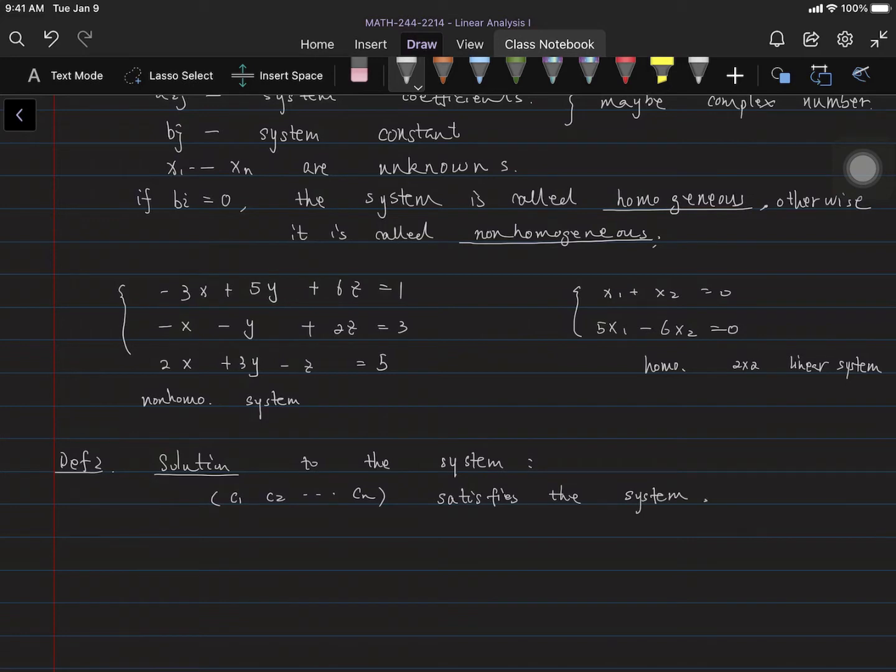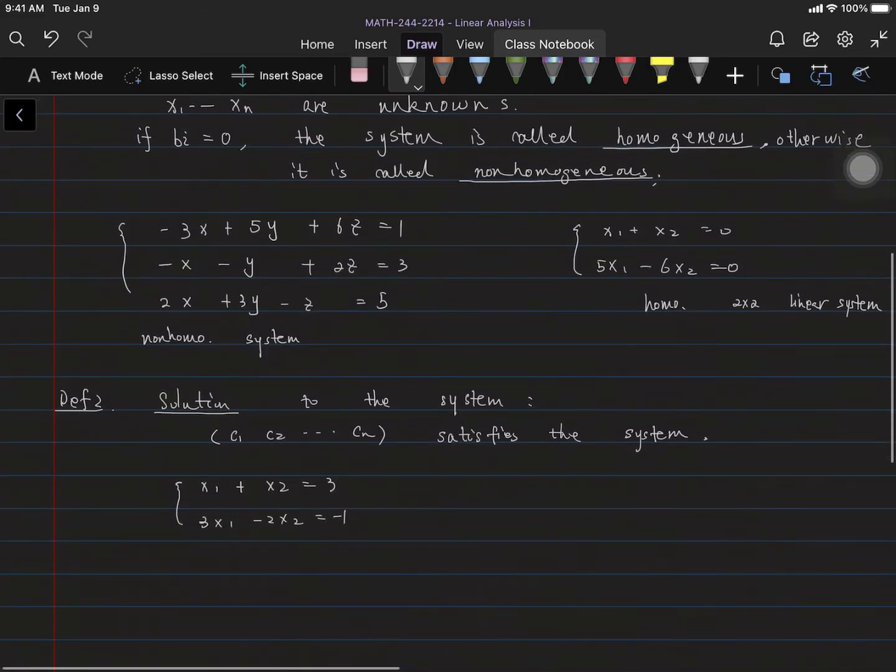Let's take a look at this one. Let's just take a look at 2 by 2. This is a linear system with 2 equations, 2 unknowns. We know how to solve this before, right? We can do the substitution method, we can do the elimination method.